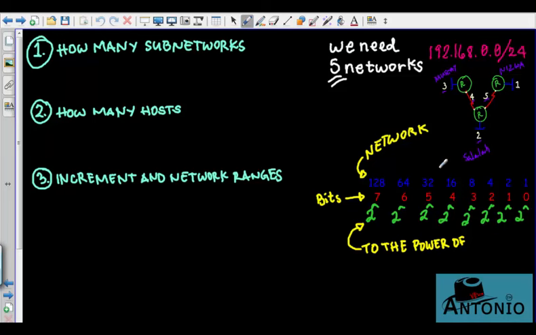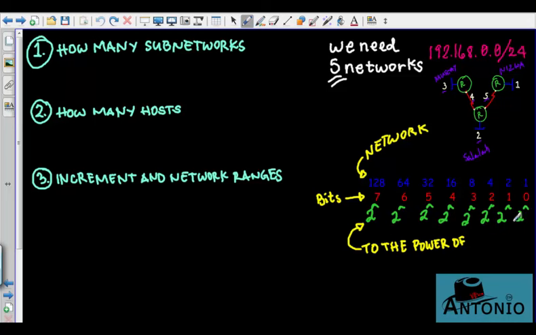And down below, right here, I have binary charts. This is our network. And bits, it starts from 0, 1, 2, 3, 4, 5 up to number 7. And the third one is the power of 2.